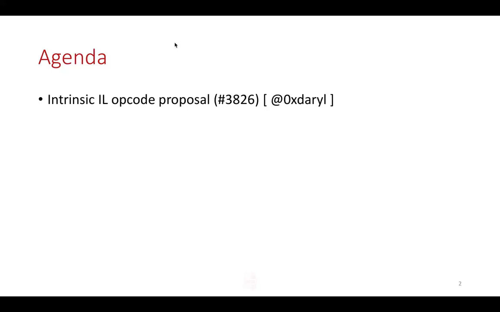Family being one opcode per return data type, very similar to a call opcode. The only difference being that there isn't the notion of a void intrinsic, which I think doesn't make any sense, right? It returns nothing, you mean? Yes, doesn't produce a value.